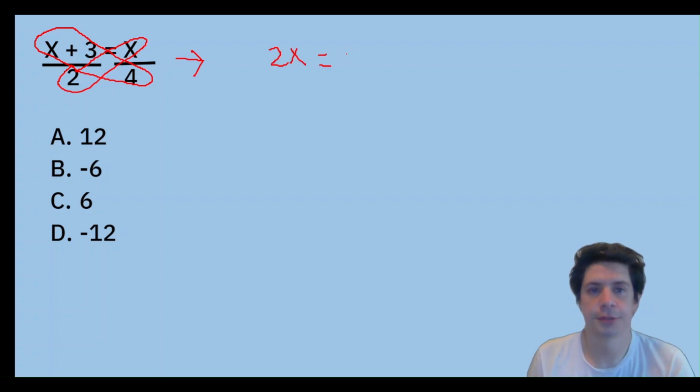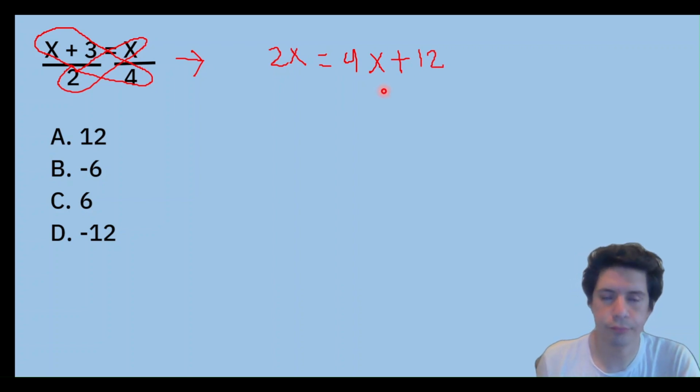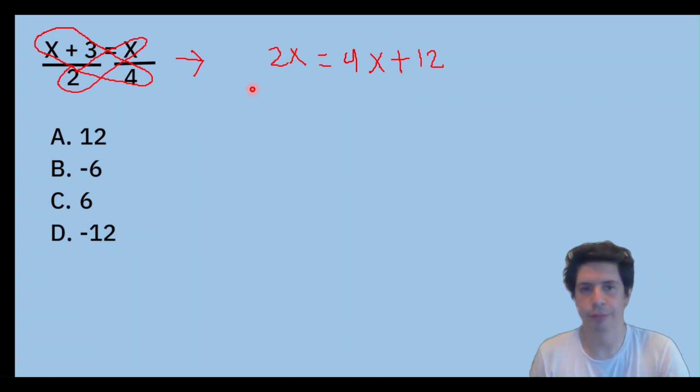2x equals 4x plus 12. And then we're gonna subtract 4x from both sides.